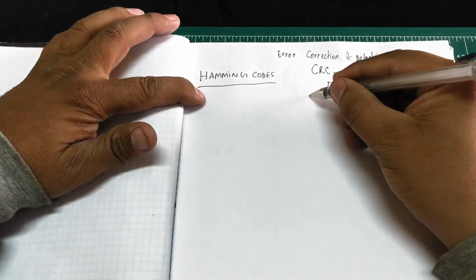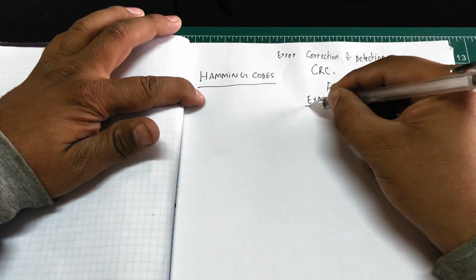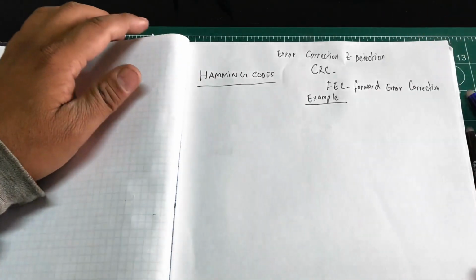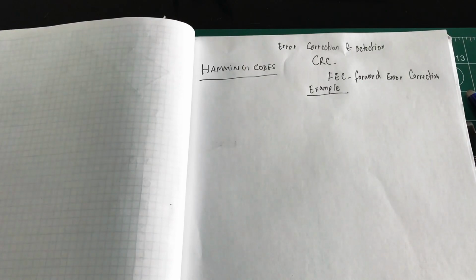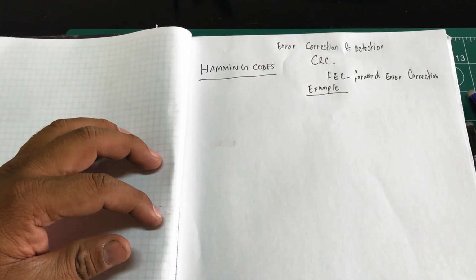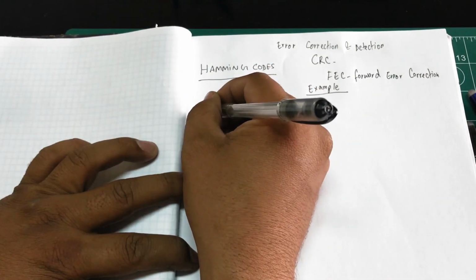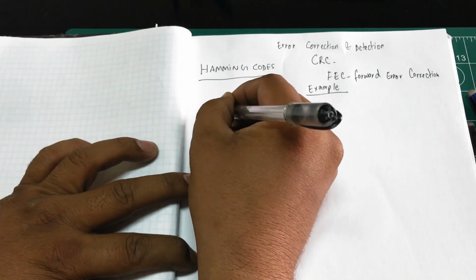So let's do an example and see how these codes work. The first step is to remember the criteria that I need to meet when doing forward error correction codes, especially Hamming codes.